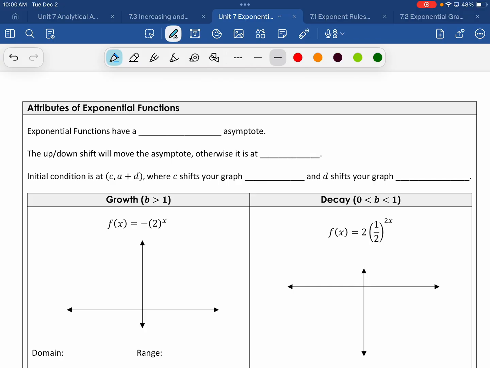So there are some attributes of exponential functions that we are going to graph. Today is going to be all about graphing. The first thing you're going to graph is the horizontal asymptote. Since it's horizontal, the only thing that's going to affect my horizontal asymptote is an up-down shift.